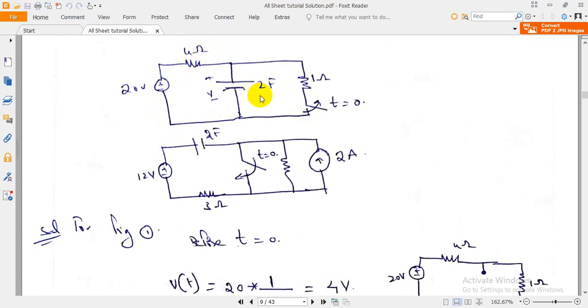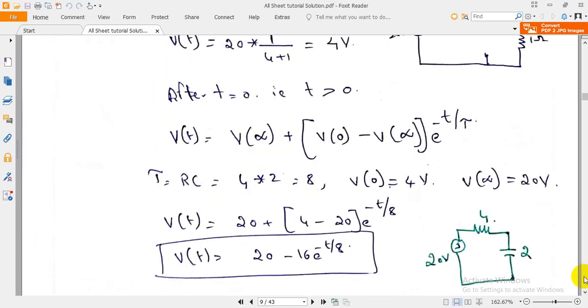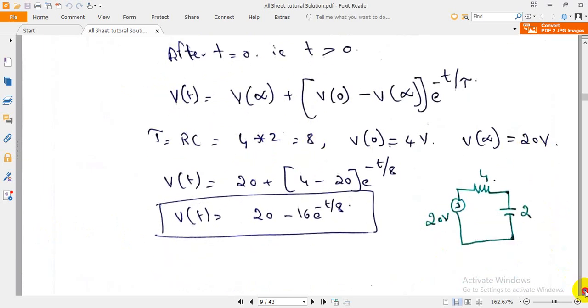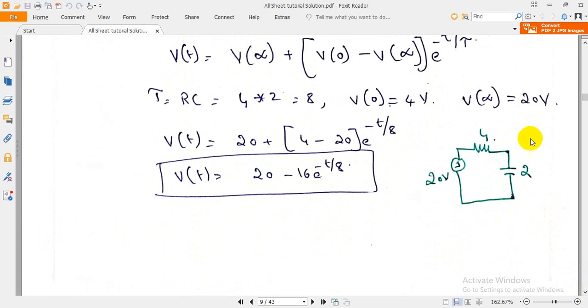So 4 into 2, the time constant, will be 8. When the switch is open at t greater than 0, the circuit will appear like this. At the same time, you have to calculate the RC value, the time constant, as well as V of infinite.